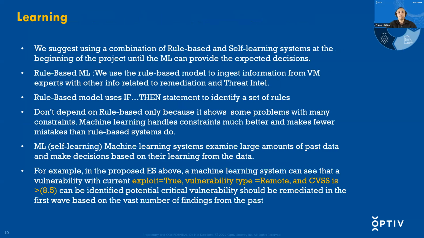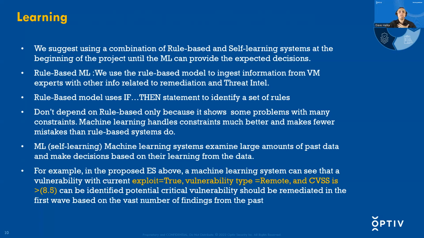Here, the learning is the most important part of our expert system. As I mentioned before, we're going to use a combination of rule-based and self-learning systems. Rule-based learning will be used not forever, but until our machine learning is able to match our expected decisions.